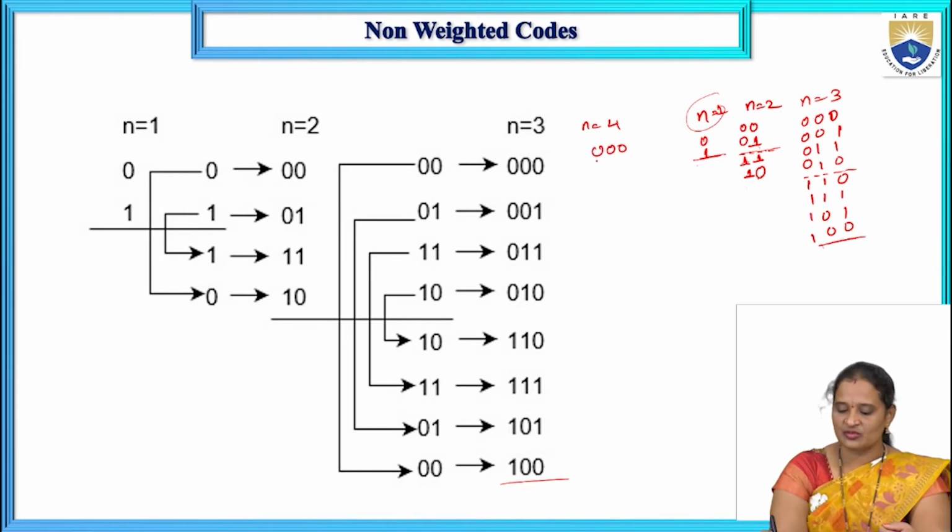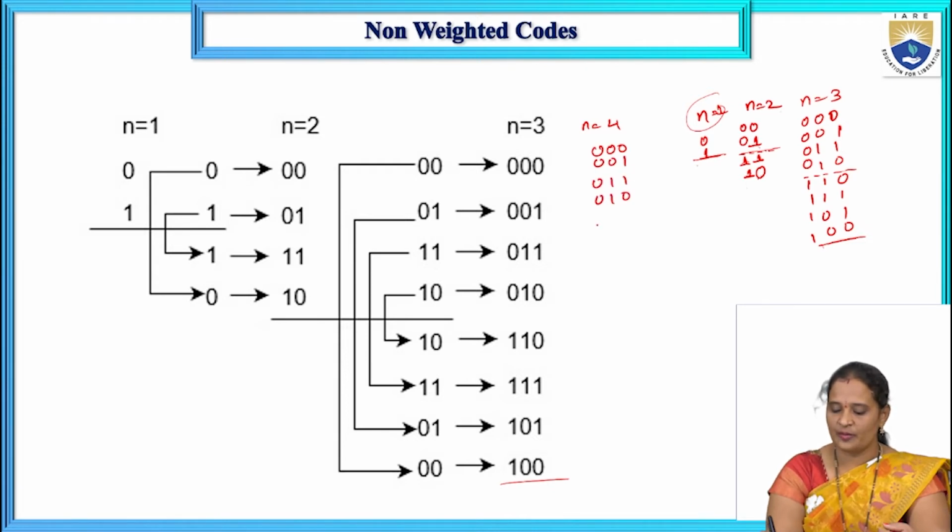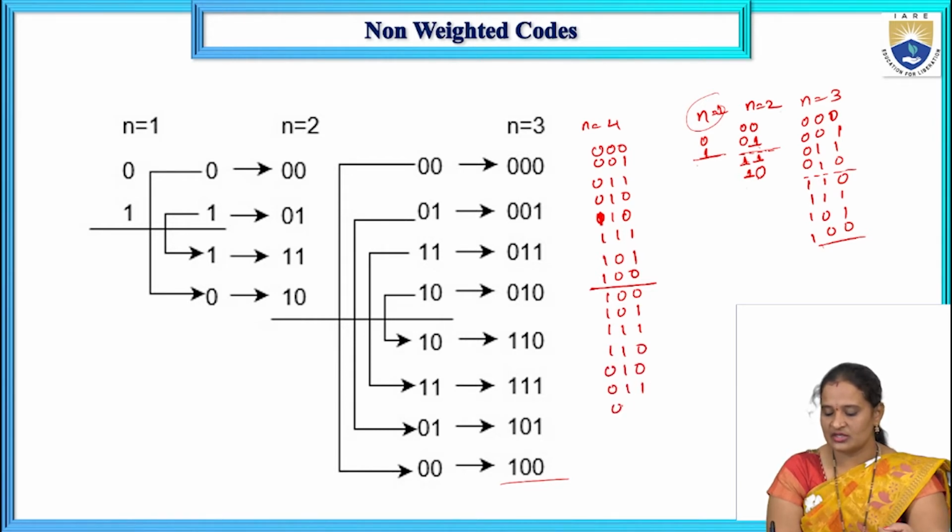I'm taking n equal to 3: 000, 001, 011, 010, 110, 111, 101, 100. Now I'm taking the mirror image. If I take the mirror image, 100 first, 101, 111, 110, 010, 011, 001, 000.